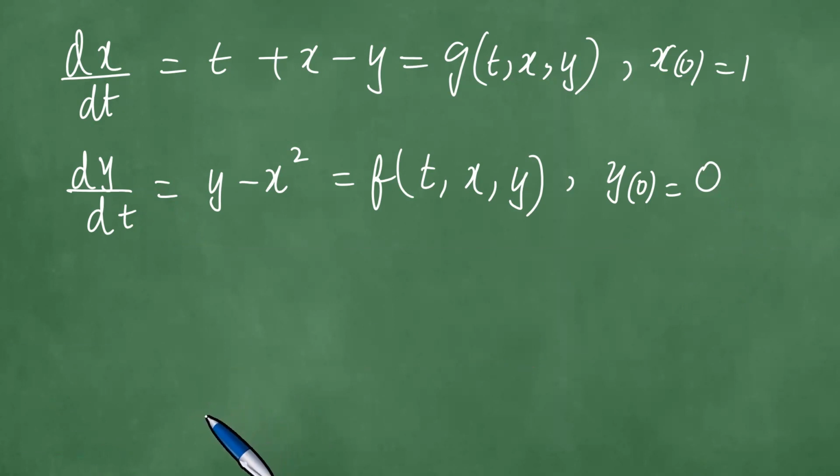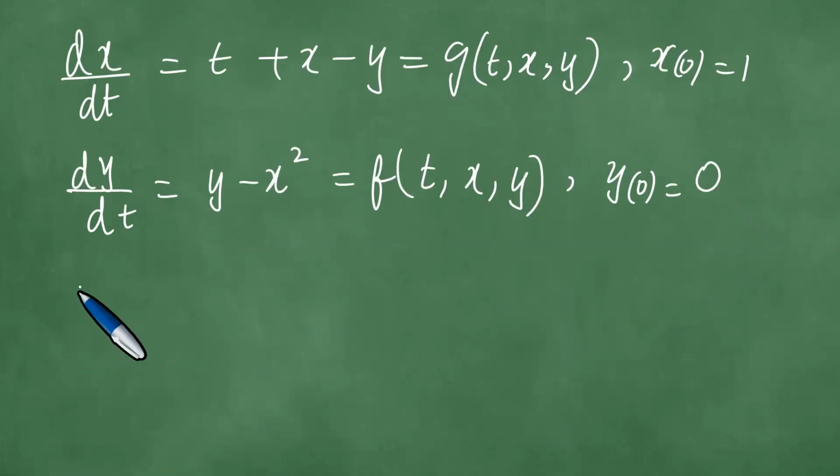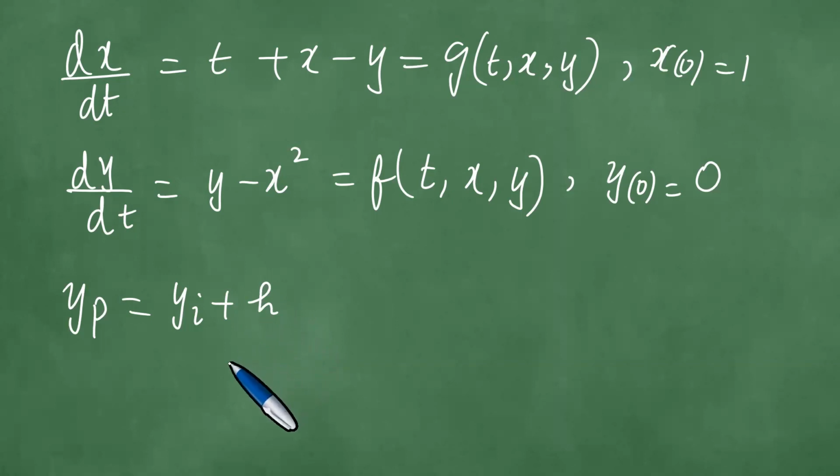In getting the actual answers, we need to do something about this. What do we need to do? We need to consider the predictor first. Let's look at YP. YP is YI plus H. Now we choose which one to start with. Maybe we start with the G because it's the first one.